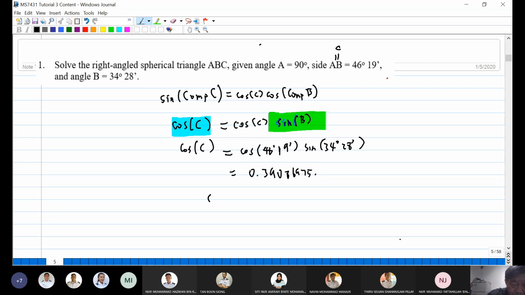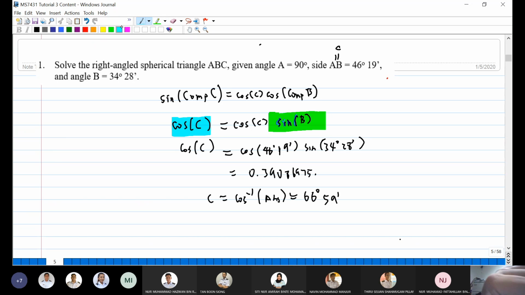So what is C now? C is cosine inverse of the answer. Just press cosine inverse of the answer here, and convert to degree. So you get 66 degree, 59 minutes. This is using all the shortcuts here.